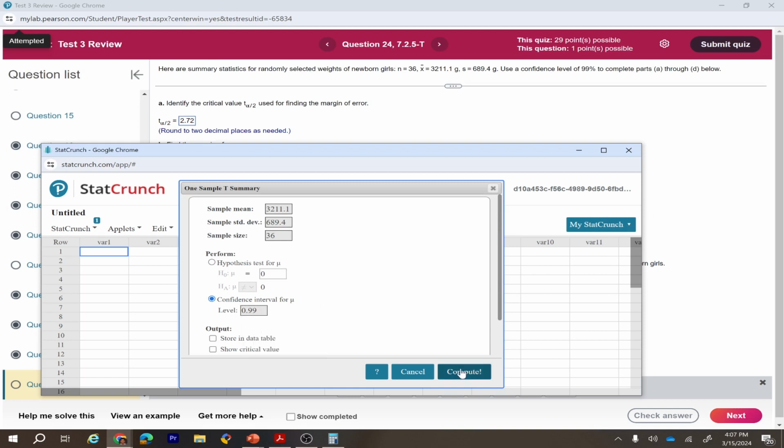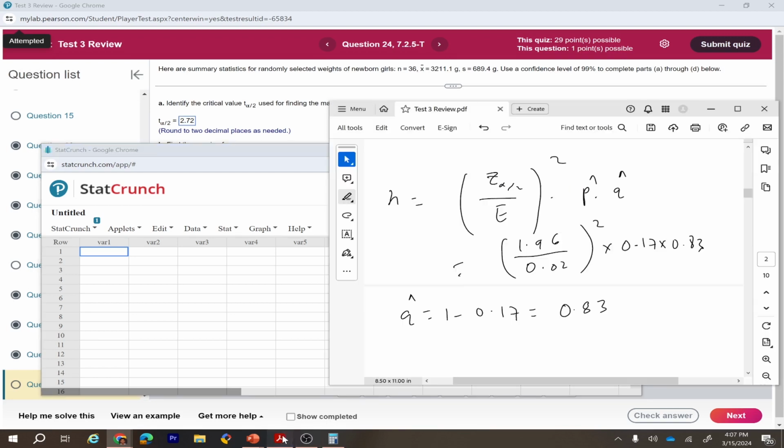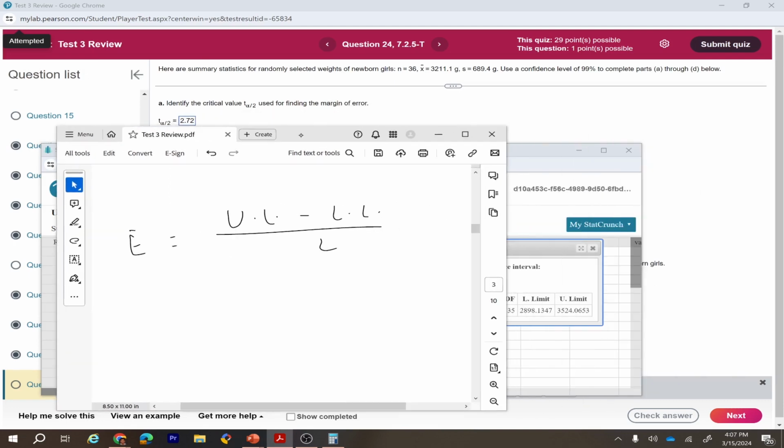When you hit compute, it's going to give you the upper limit, the lower limit, and the sample mean, which is already given. From the upper limit and lower limit, you can find the margin of error. The margin of error is the upper limit minus the lower limit, divided by 2. So you can always use this.